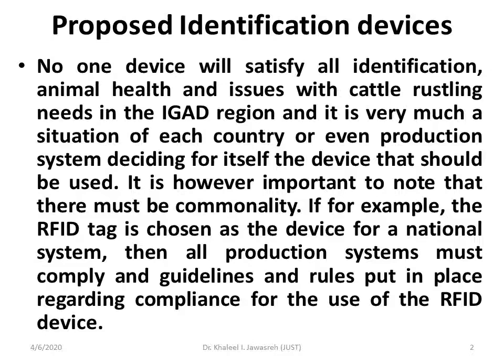If you are dealing with, for example, range animals, the identification system will be totally different from those animals kept indoor. It's, however, important to note that there must be a commonality.